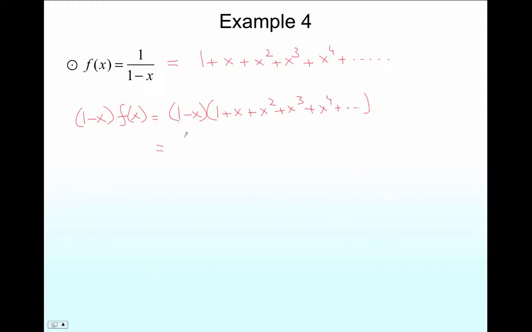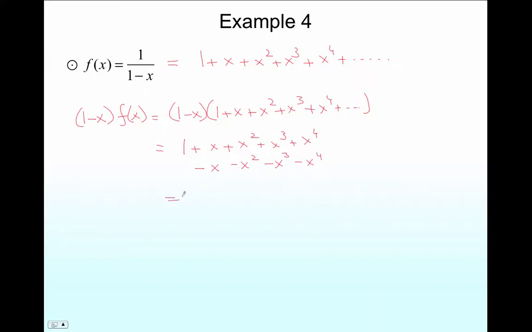Now, opening this out, if I just multiply 1 with all of this, I get 1 plus x plus x squared plus x cubed plus x to the 4, etc. And now I multiply with minus x, so I get minus x minus x squared minus x cubed minus x to the 4th, and so forth.